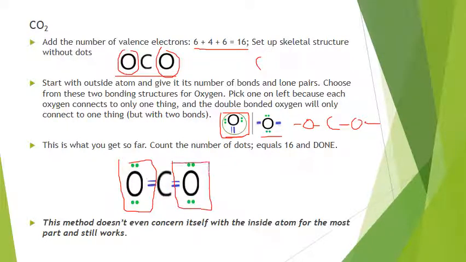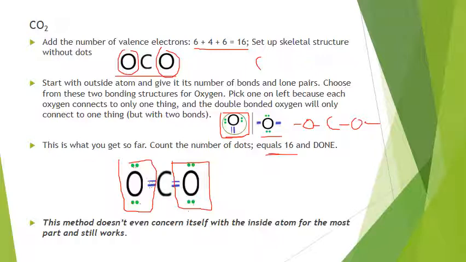Okay, so the oxygen is taken care of. Now you count the number of dots. 1, 2, 3, 4, 5, 6, 7, 8. Each dash is 2. 9, 10, 11, 12, 13, 14, 15, 16. And there's nothing left over. You're not short, so you're done.